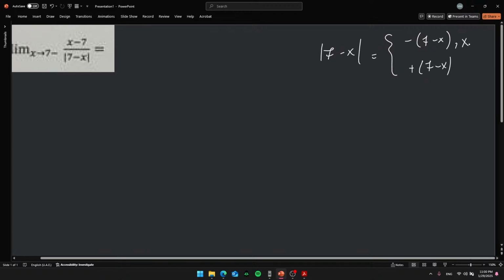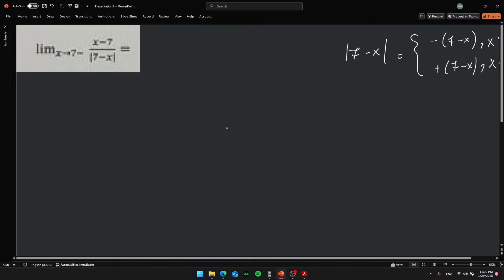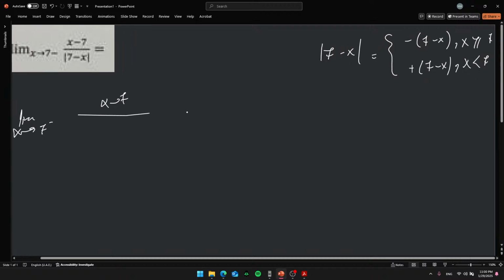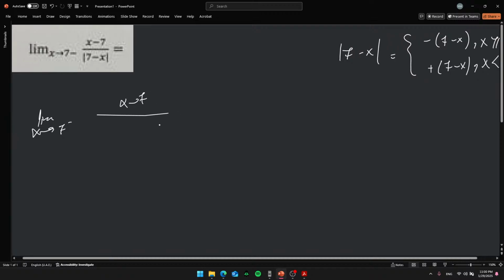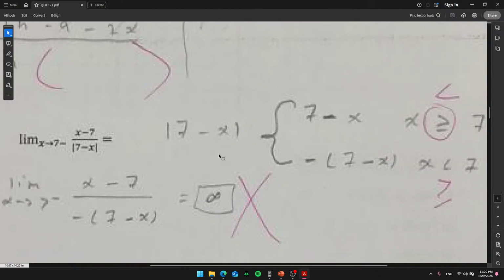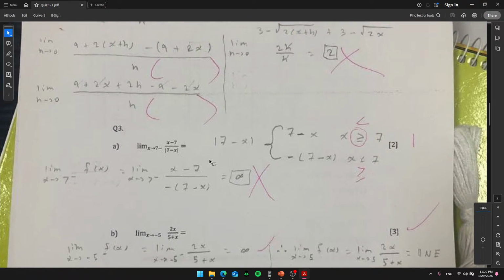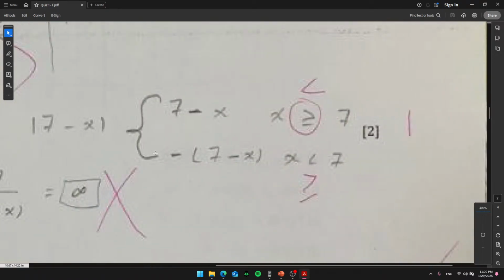This one when x is greater than or equal to 7, and this one when x is less than 7. Okay, so we're approaching 7 from the left. So I'm going with the positive one, 7 minus x. So yeah, negative 1.